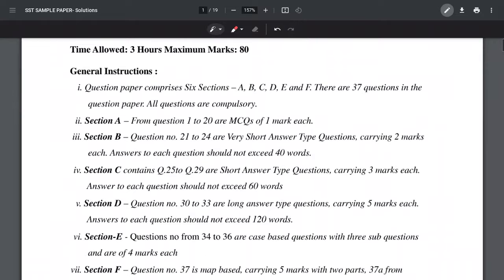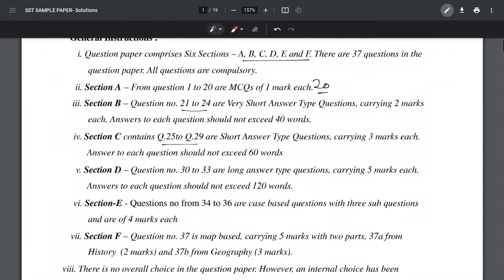Here you see, this social science paper also has six sections: A, B, C, D, E, F. In total there are 37 questions. Section A consists of 20 questions, MCQs, all of them. Then questions 21 to 24 are very short answer questions, 2 marks each. Then 25 to 29 are short answer, 3 marks each.